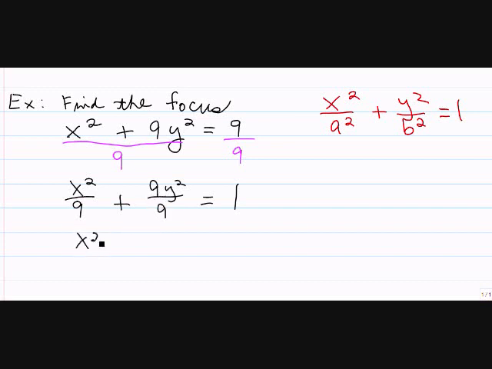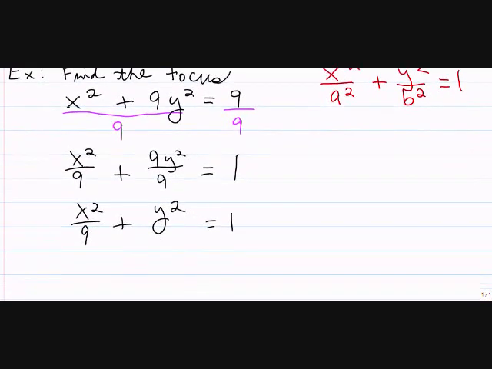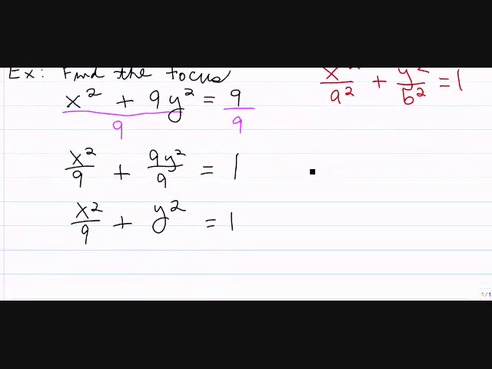So this is x squared over 9 plus y squared over 1 equals 1. We don't usually write the over 1. We just write that as y squared. So let me make a sketch of the graph so I know what I'm talking about here.